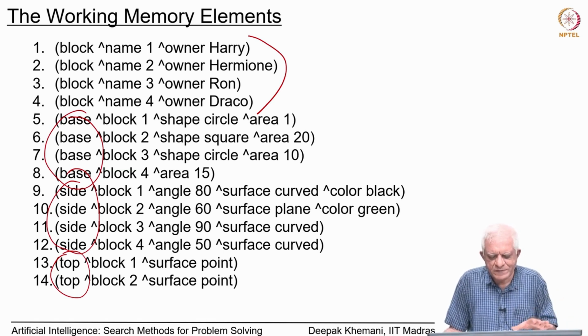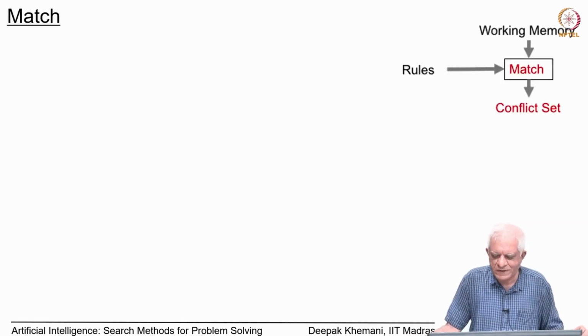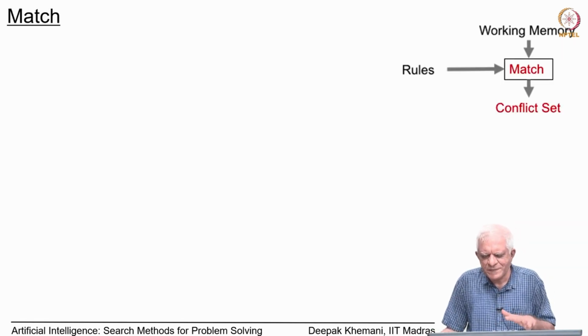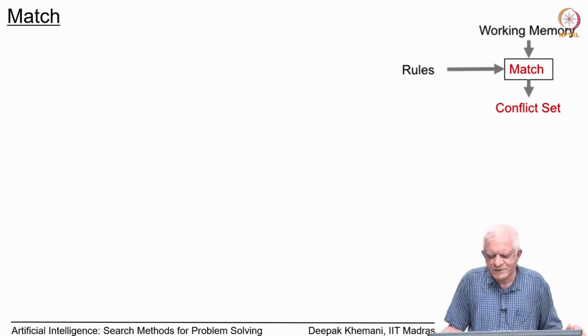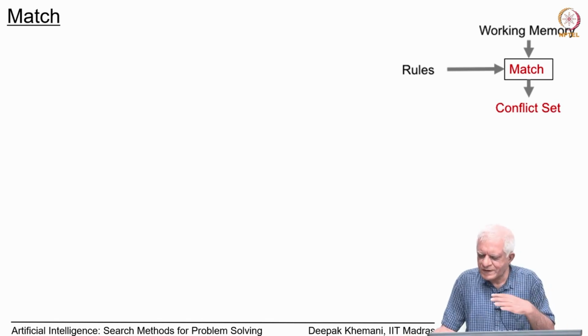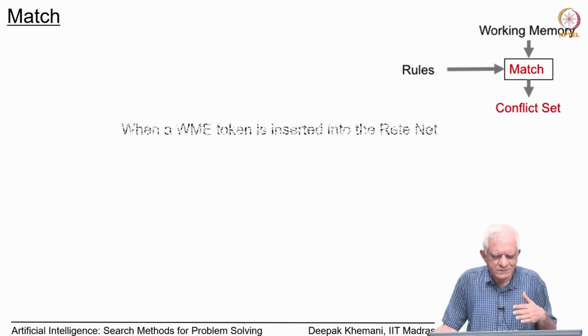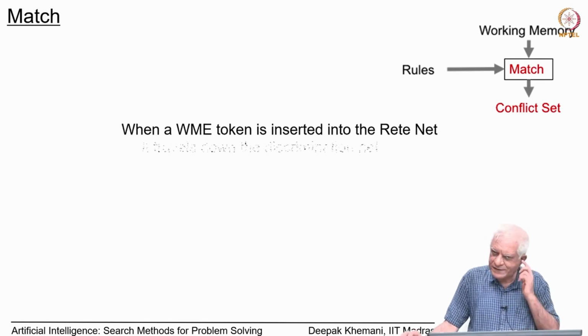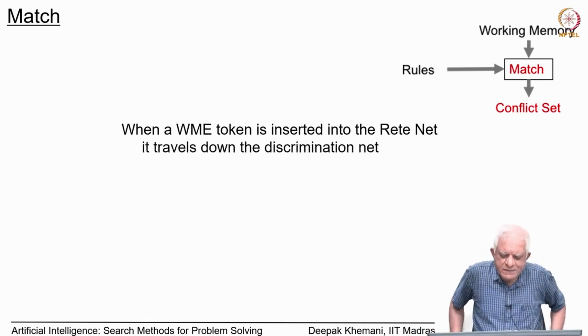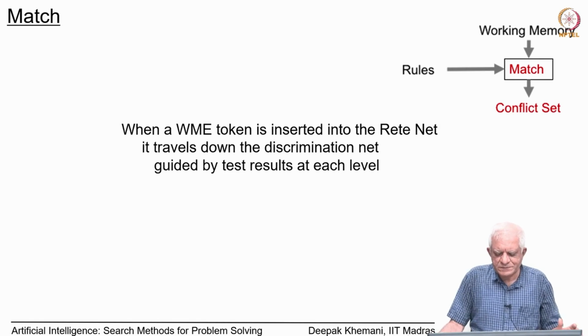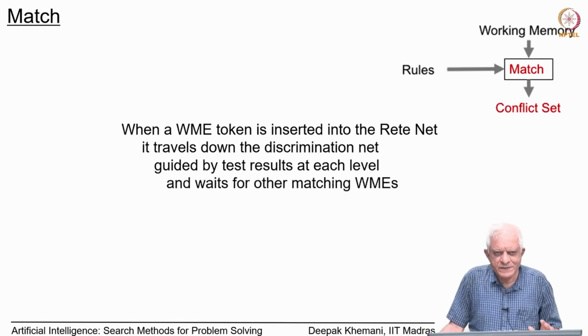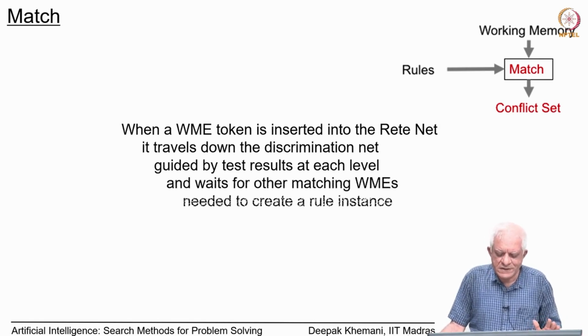So, how does the Rete net handle this data is the question that we want to ask. Remember that originally you put in the working memory and you got the conflict set. But in the Rete net, when a working memory token is inserted, it travels down the discrimination network, that is the alpha network, guided by the tests at each level.